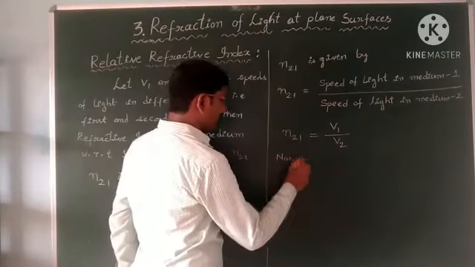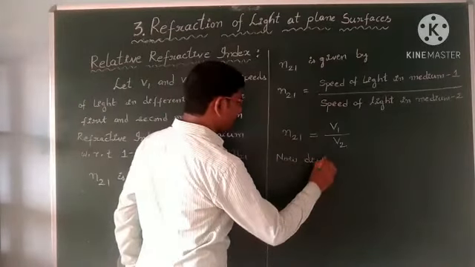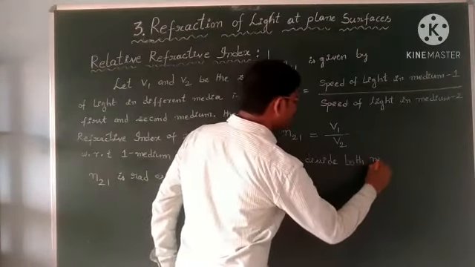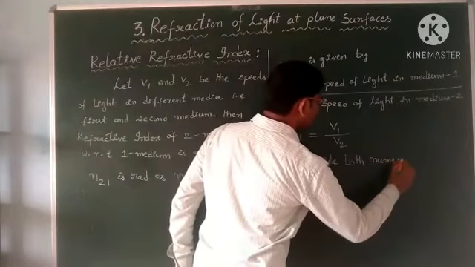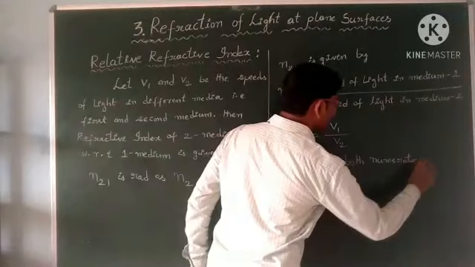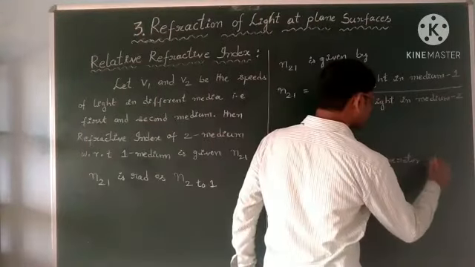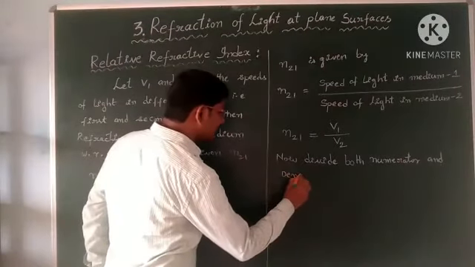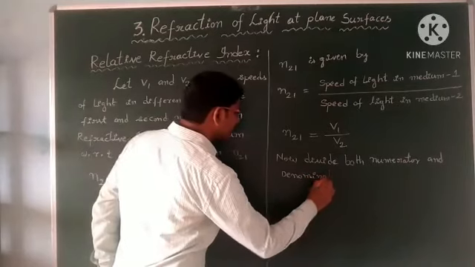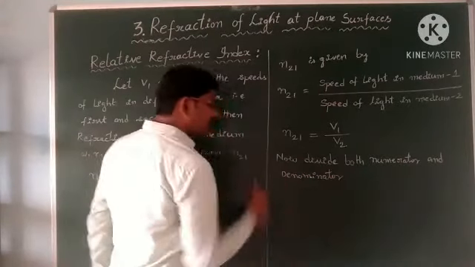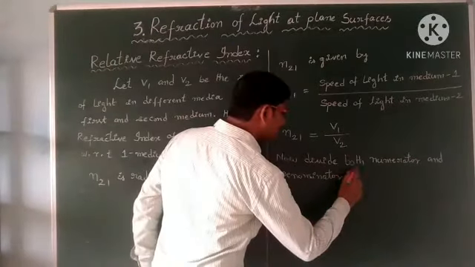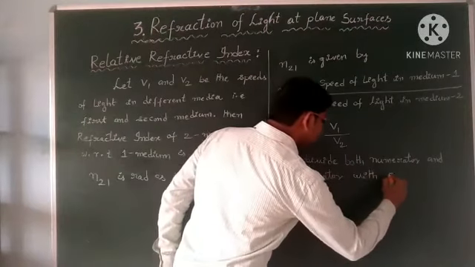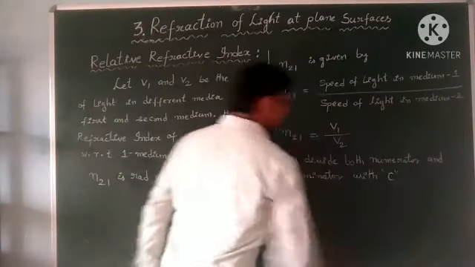Now divide both numerator and denominator by the speed of light in vacuum, that is, by c.